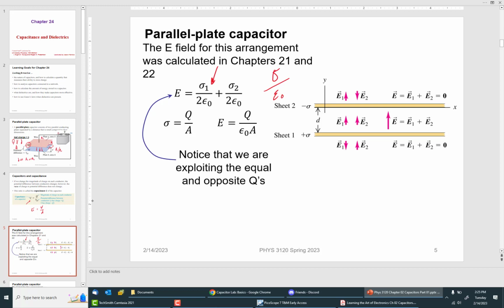So sigma is coulombs per area, Q over A. At the end of the day, this is the E field inside our capacitor. Notice that the E field strength would get less for the same amount of Q if I increase the area.